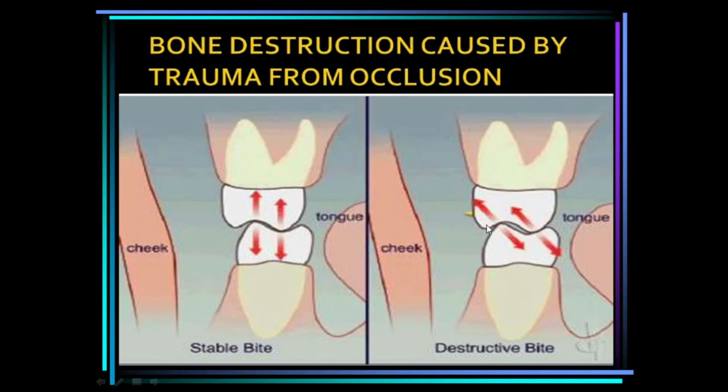But if this occlusal pattern gets disturbed, either due to a high point or some defective restoration, and the forces are not dissipating uniformly but are focused on one point, then this leads to trauma to the periodontal structure. This is known as trauma from occlusion.